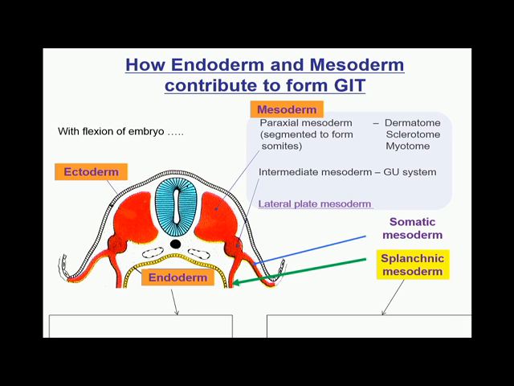Therefore, those glands and the epithelium are developed from the endoderm. That's all. And all the other structures which surround the GIT, connective tissue, the muscle layers and the exterior covering, are all developed from the outer layer, which is the visceral mesoderm.